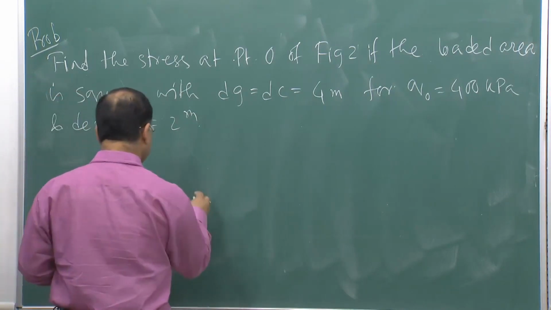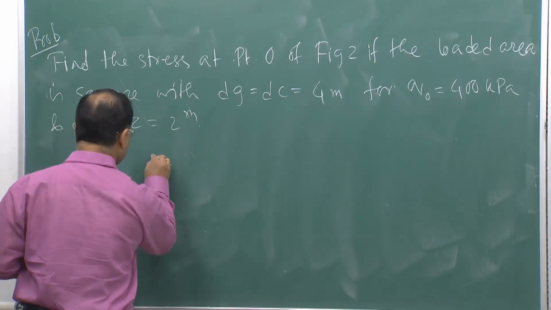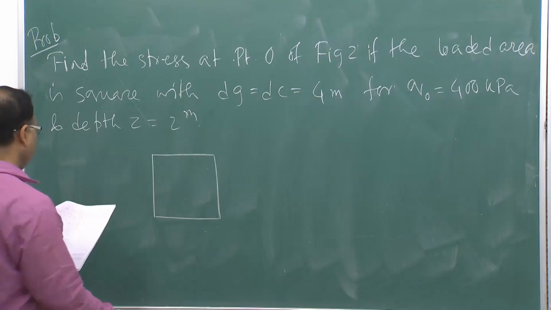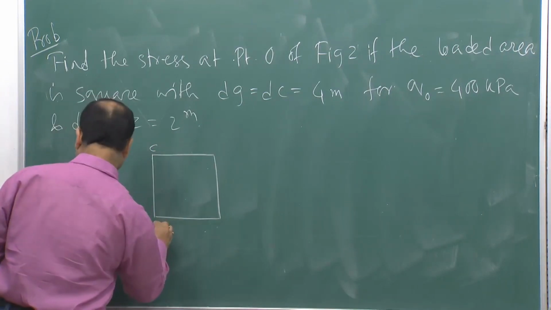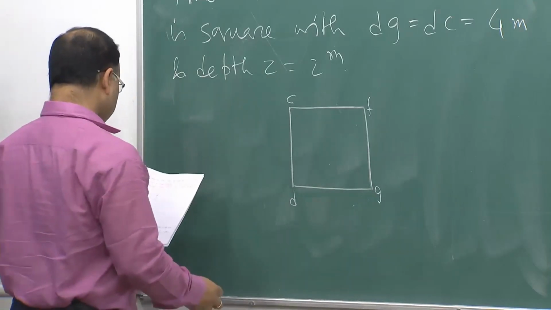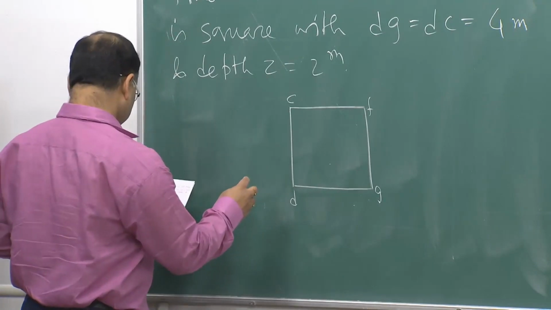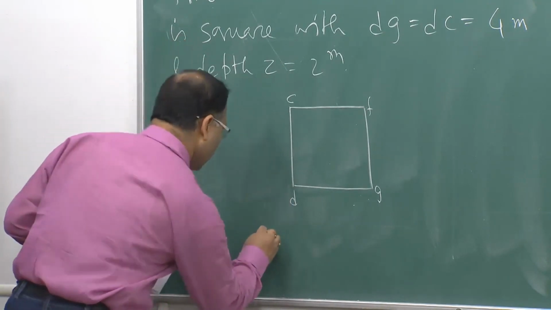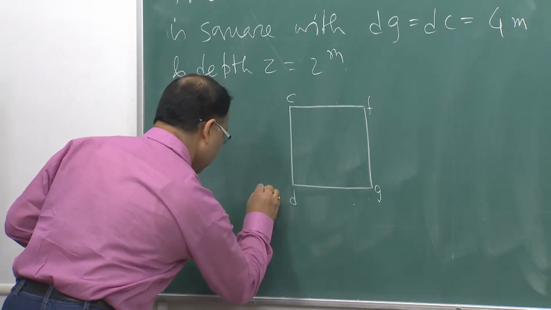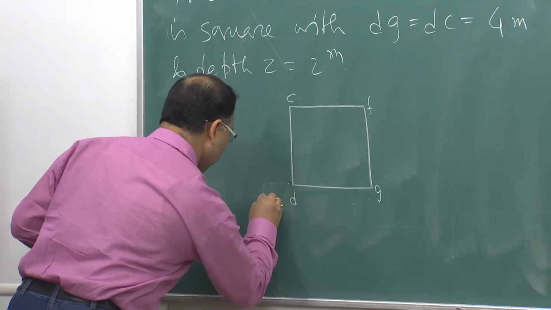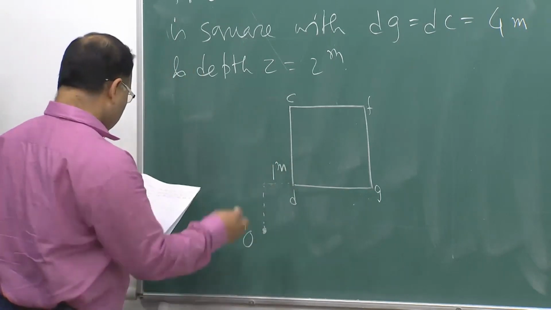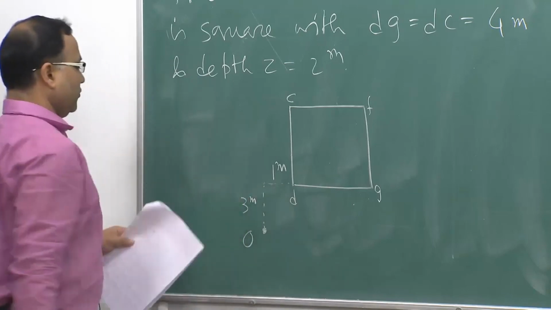Okay. Now, let me show this area. This is the square area C, D, F, G, and the point is here. This is your point O, which is from D, it is 1 meter on left side and 3 meter below.